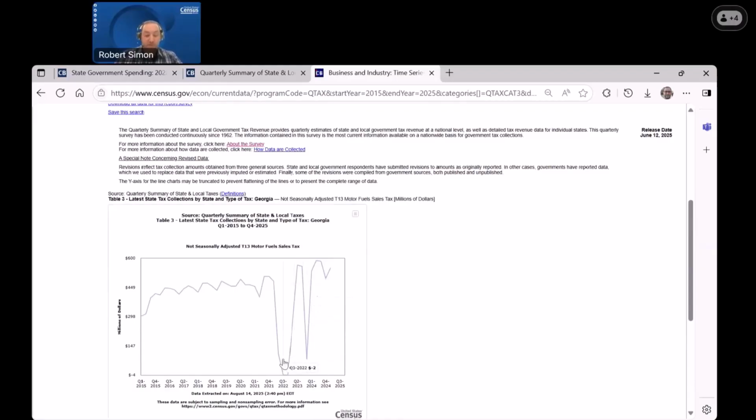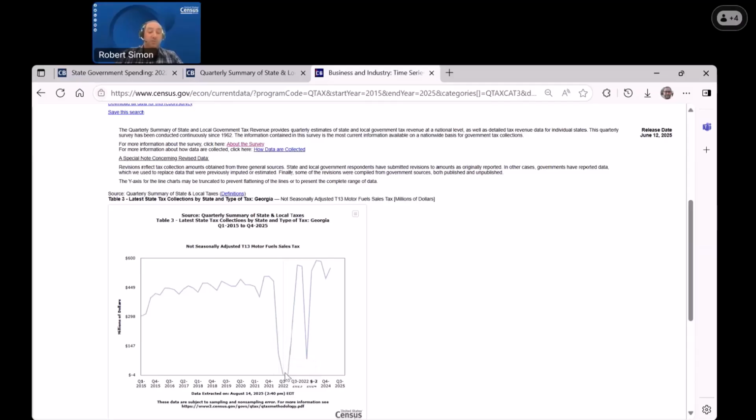In 2022, after the Ukraine-Russia war broke out, gas prices started soaring, and the governor of Georgia decided to give residents a gas tax holiday to give them some economic relief. The first measure was from March 18th to May 31st, and subsequently after that, the governor kept extending that gas tax holiday and extended it all the way through the end of 2022.